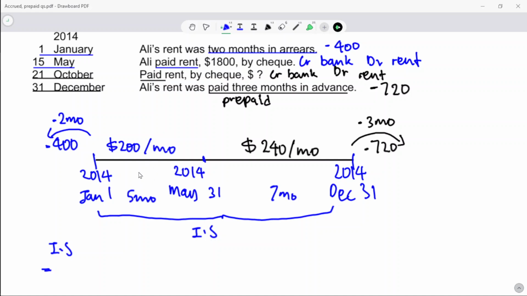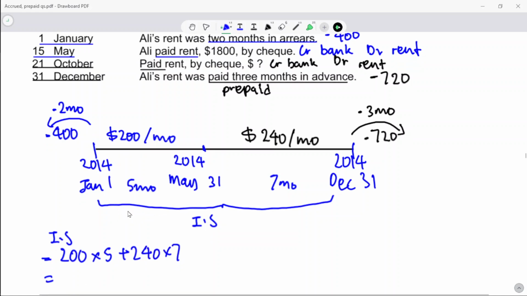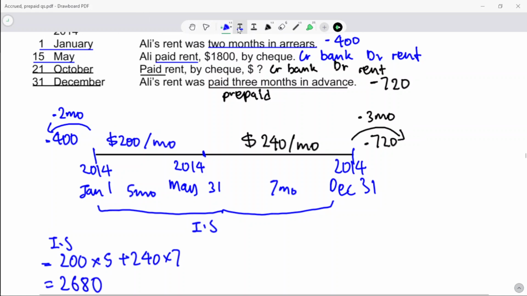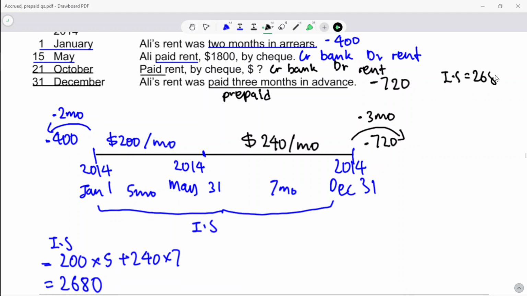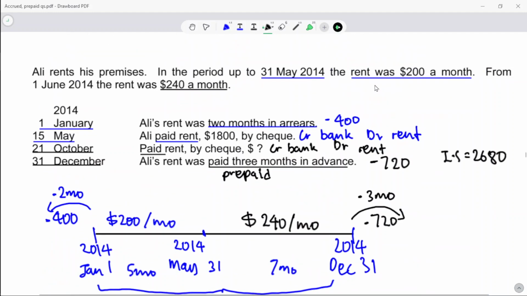So 200 times 5, the total charge will be 2680. So I better write it again so I don't forget. So I put IS equal to 2680. Okay, then let's record.